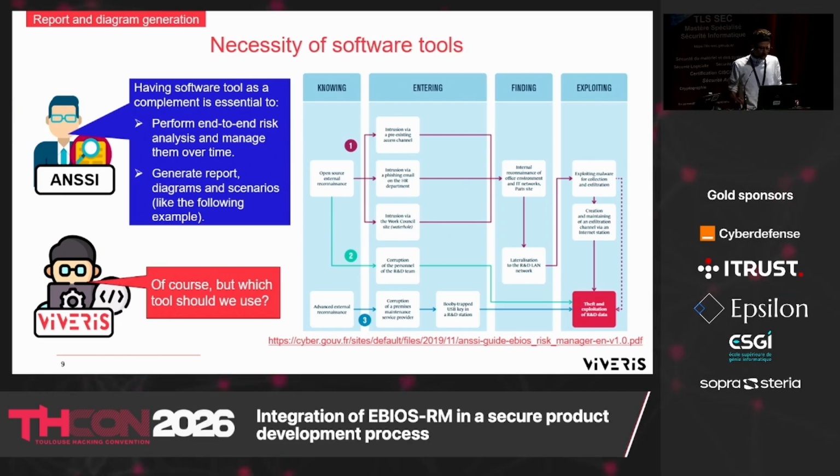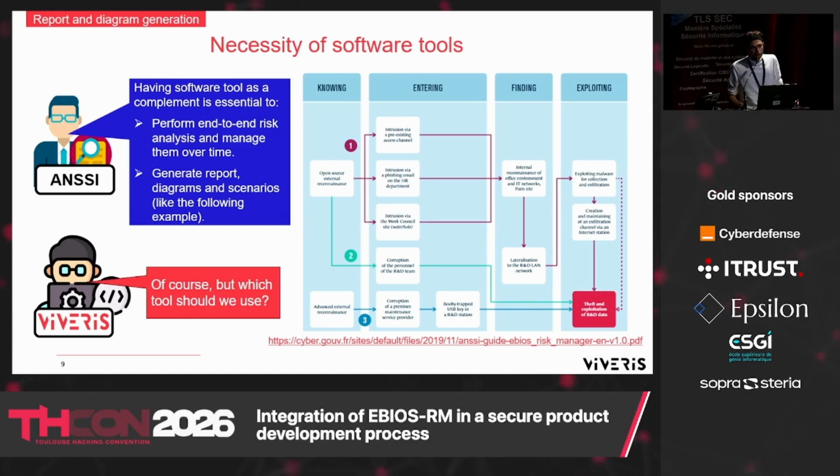So don't mind the details, but it's an operational scenario which shows how an attacker can achieve their goal, and we have the 4 steps of usual attack: know, enter, find, exploit. And during workshop 4, we assess the likelihood of each elementary action.